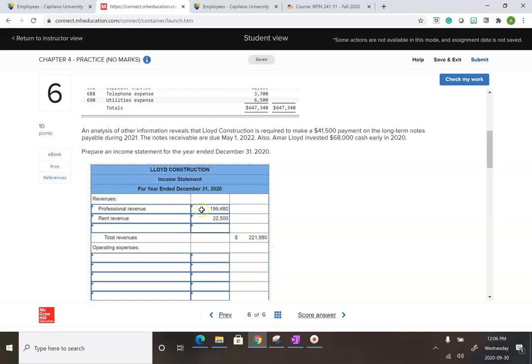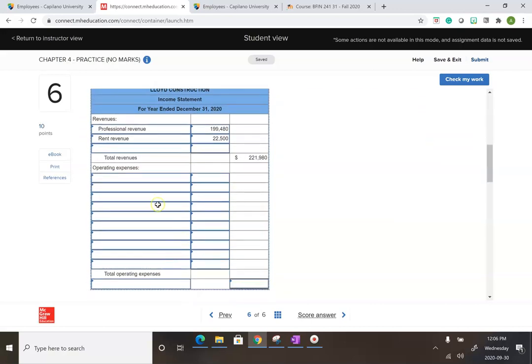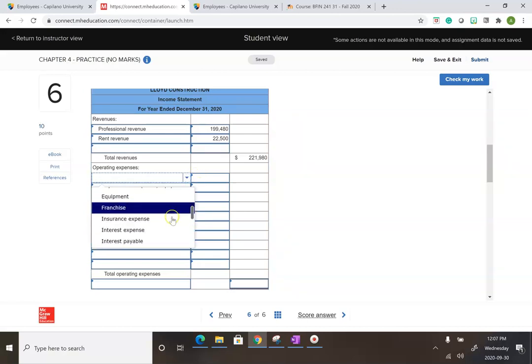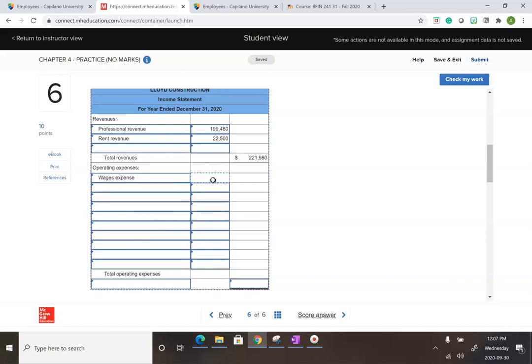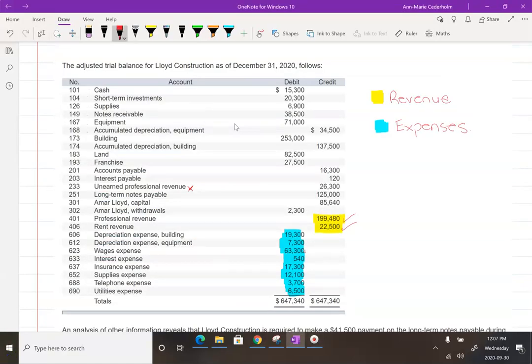But that number is the 199,480 plus the 22,500. Now I have operating expenses, and I'm going to do them from highest to lowest. My biggest operating expense was my wage expense, and that was 63,300. And it's just this one right here.